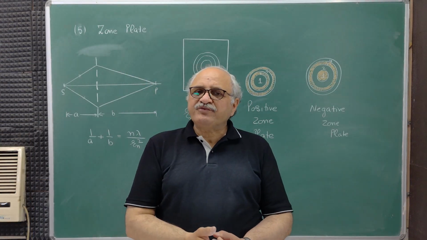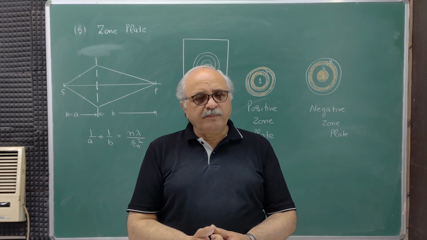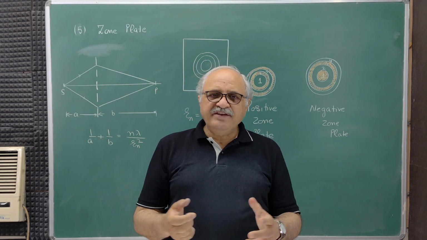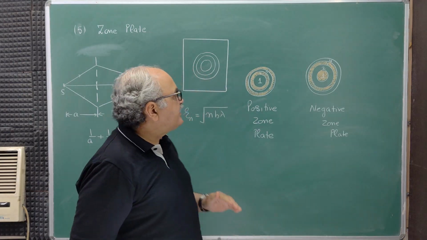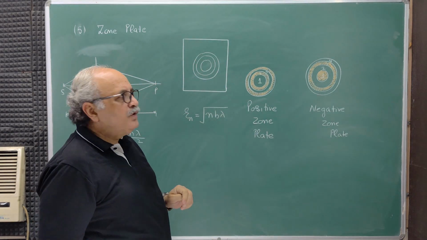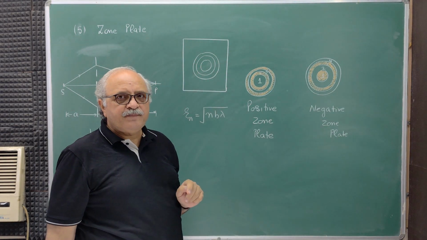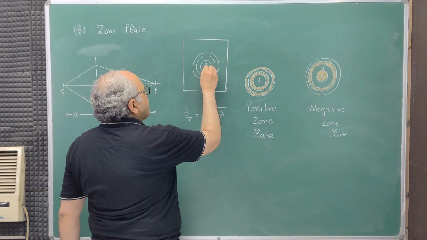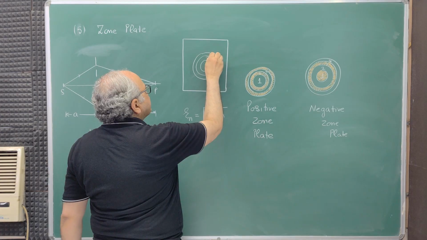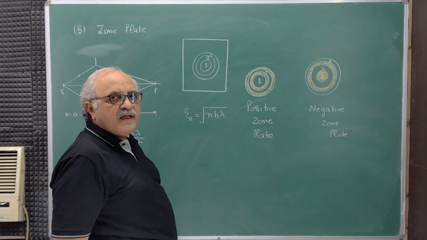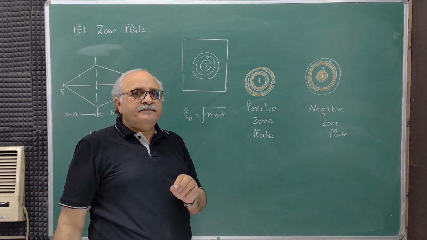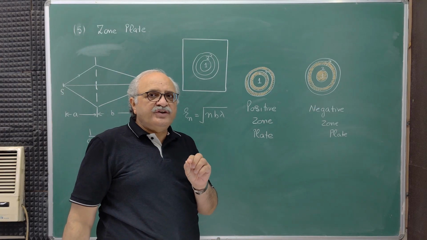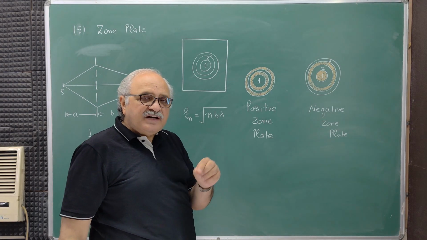Now let's take the fifth point, and that is the zone plate. A zone plate is a diffraction device. It is basically a transparent sheet on which we mark the boundaries of the half period zones, say the first half period zone, second, third, and so on. And then we selectively darken some regions and keep the other regions transparent.